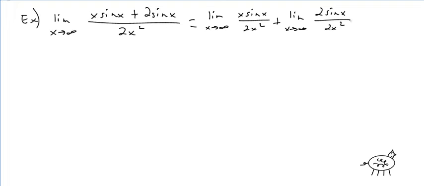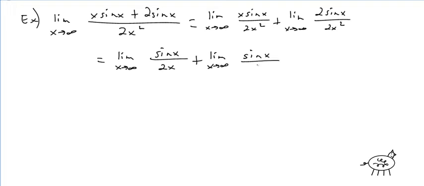Then in the first one, the x cancels with the x squared, so I get sine of x over 2x, plus the limit as x approaches infinity of, we can cancel the 2, sine of x over x squared.